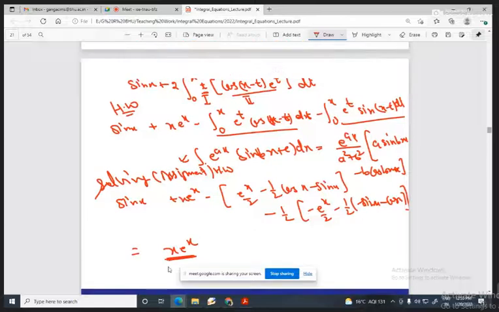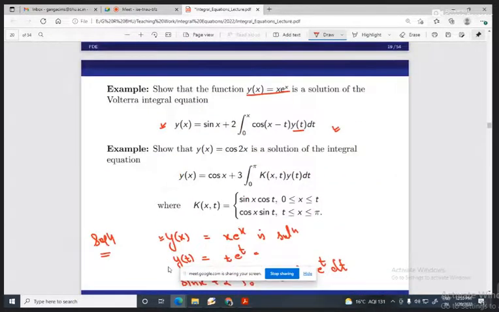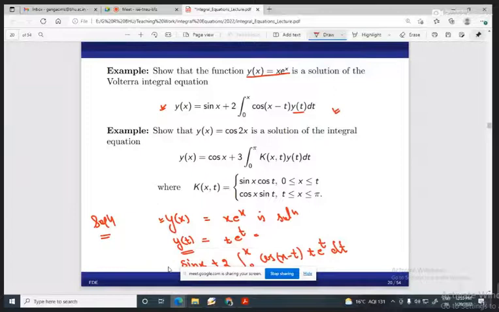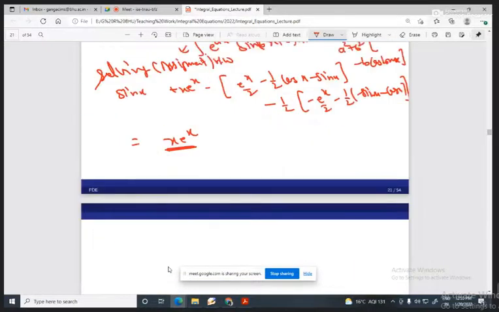It is given that the solution is x e^x, and I have obtained x e^x.